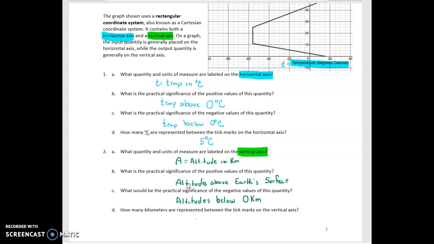So these are 2.5 kilometers. And again, the vertical axis means up and down, whereas our horizontal axis is left and right. And remember, the horizontal axis is our input variable, and our vertical axis is our output variable.